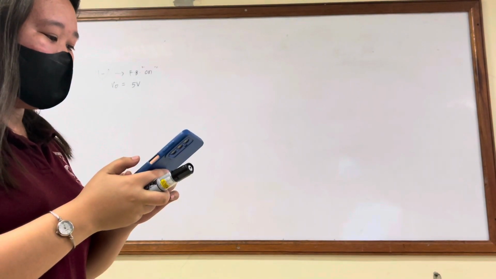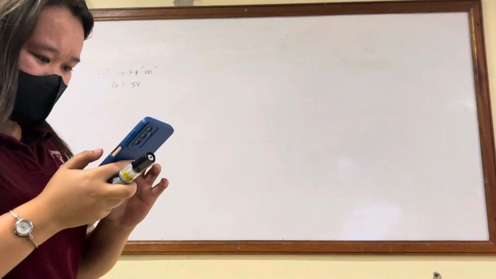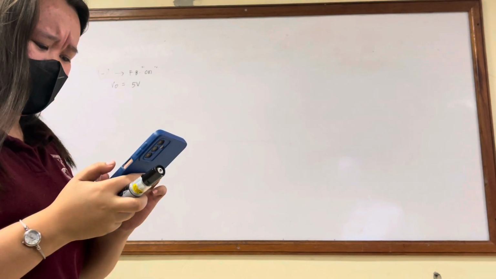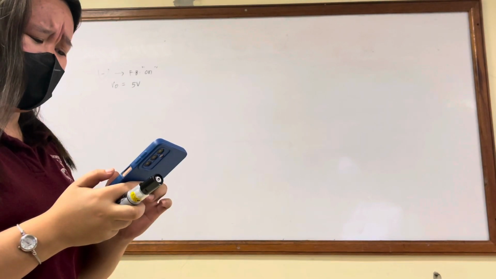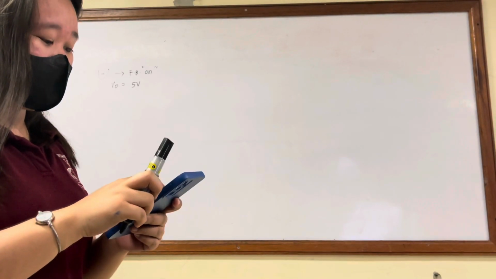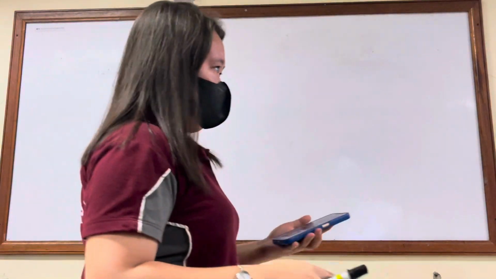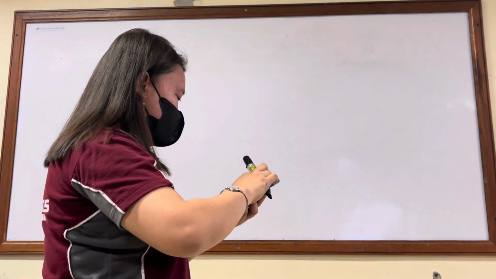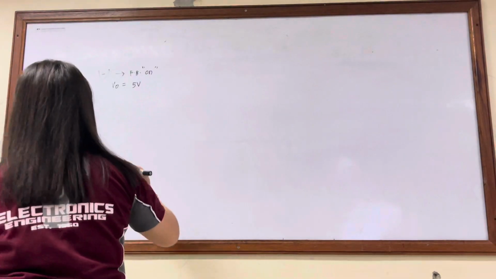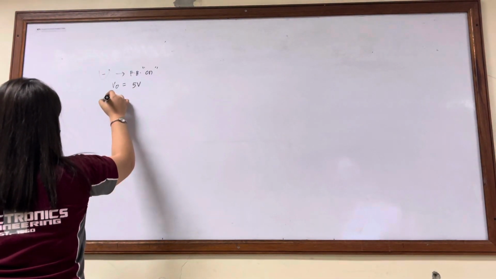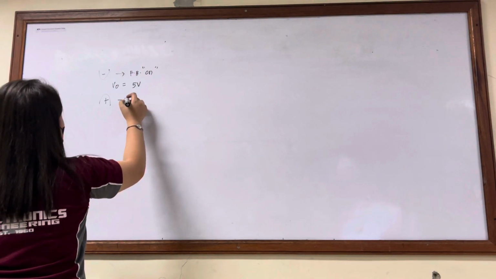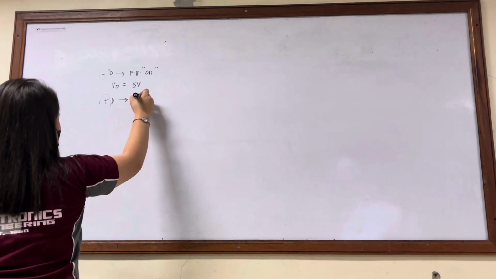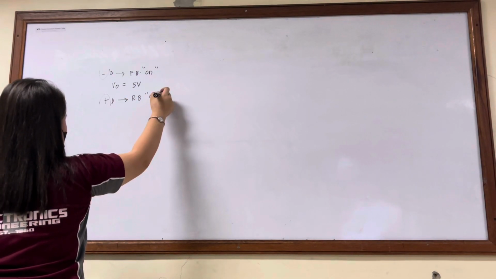Now, during our positive half cycle, so our diode is on reverse bias condition, therefore it is off.